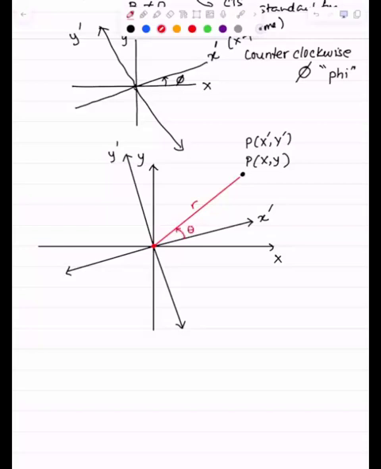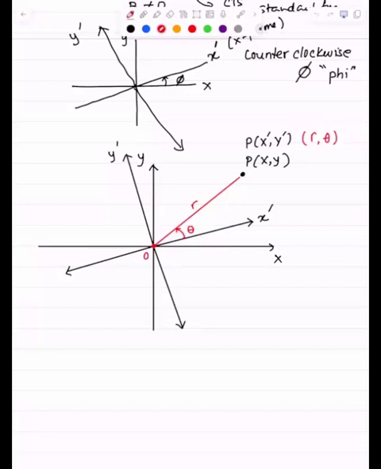Remember, it's the angle from the positive x-axis, or the polar axis, to the ray which contains the line segment OP. So this point has coordinates also. In the x prime, y prime land, the coordinates are r comma theta, right?